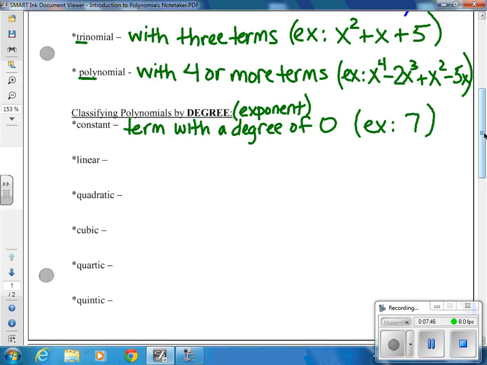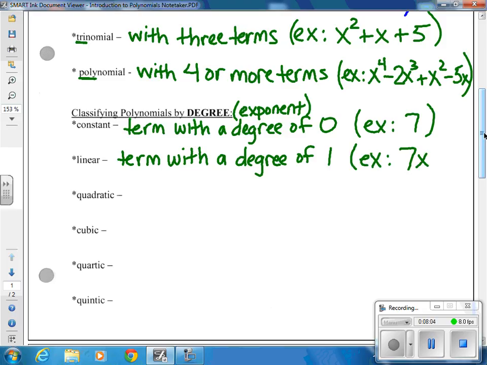We've done a whole lot with linear, and every time you had to do a linear equation, your variable had a power of 1. So this would be a term with a degree of 1. An example of that would be 7x. The degree associated with the x is a 1.